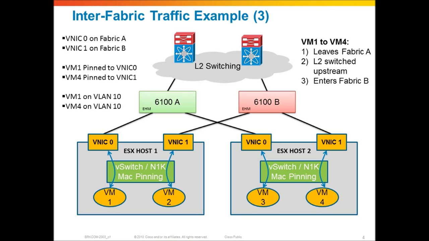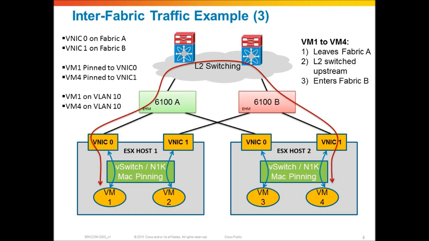They're both on VLAN 10, and they are going to have a unicast conversation. So because VM1 is being steered out of VNIC 0 by the vSwitch or 1000V, and VNIC 0 is associated with fabric A, and VM4 is steered out of VNIC 1, which is associated with fabric B, for those two systems to communicate, they will need to traverse fabrics.